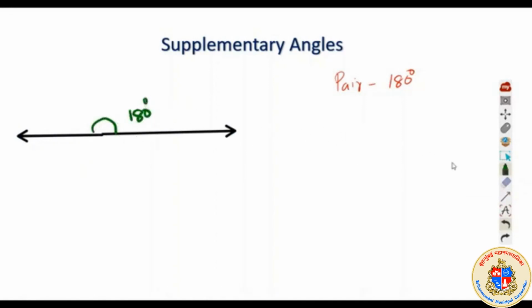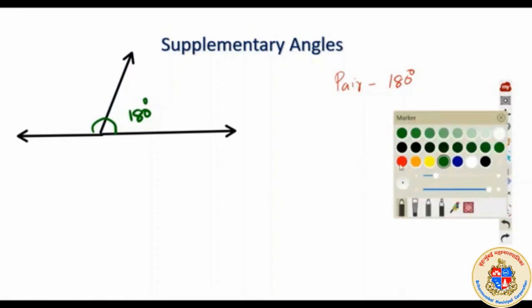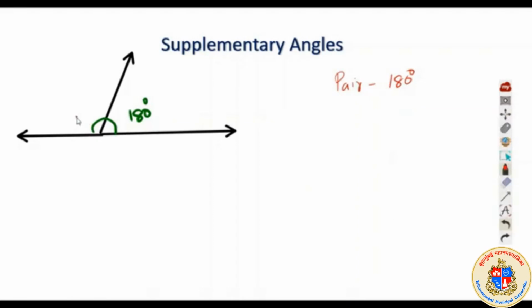For that we need to make an angle or an arrow here. So this makes the 180 degree divided into two separate angles. Roughly we can say that this is 120 degree and 60 degree. That is one way of supplementary angles.